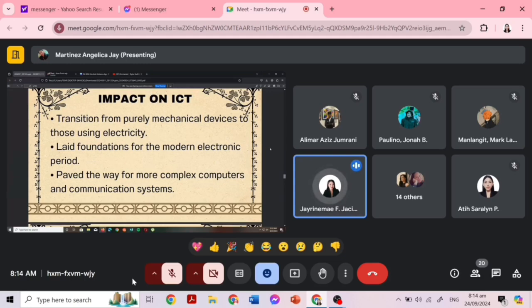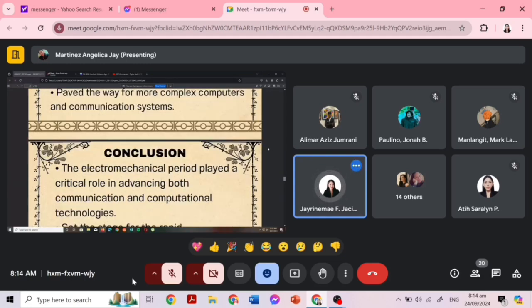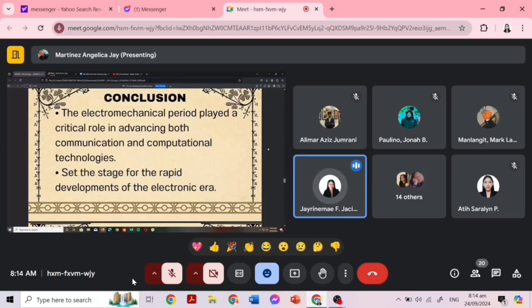So the next one and the last is the conclusion. The electromechanical period played a critical role in advancing both communication and computational technologies. During this time, the use of machines powered by electricity helped improve how we communicate and process information, making things faster and more efficient.